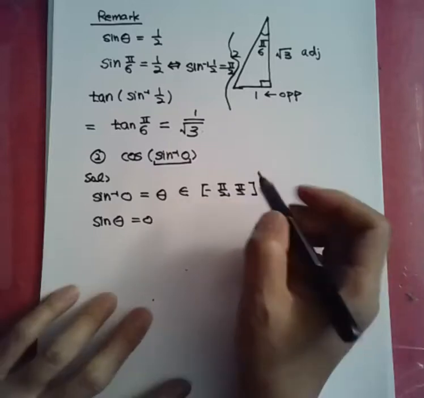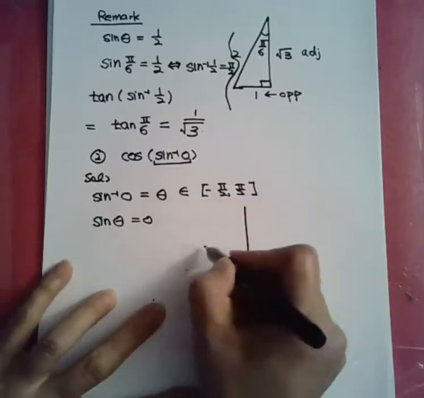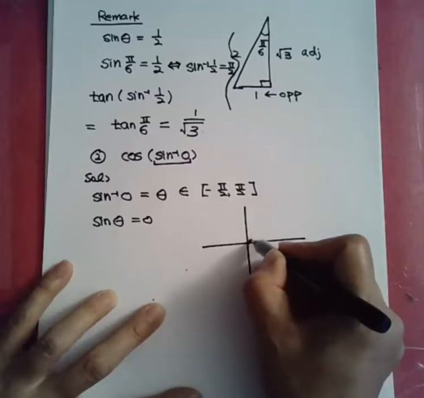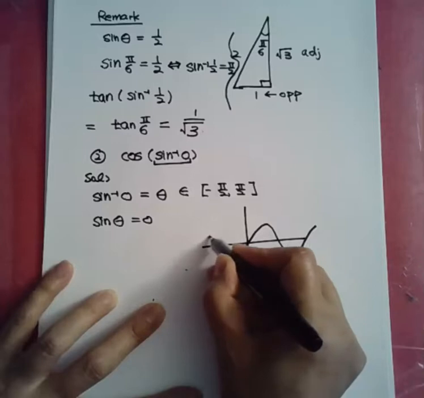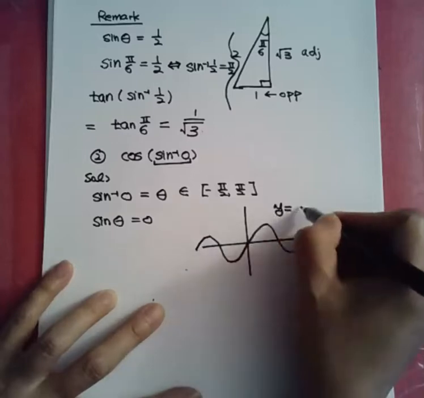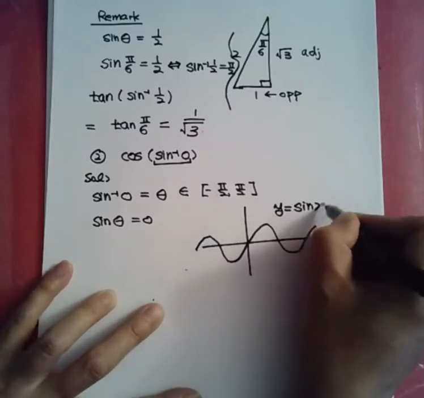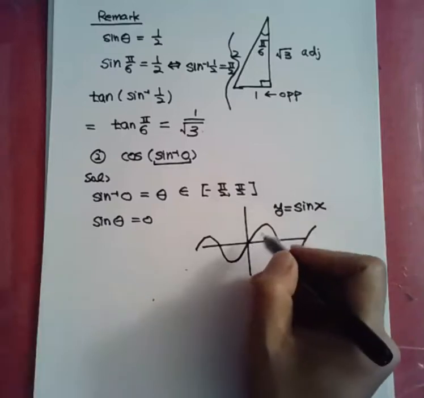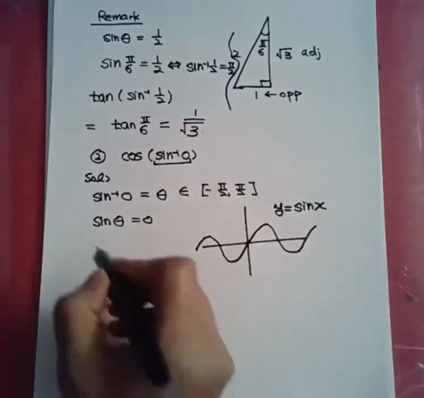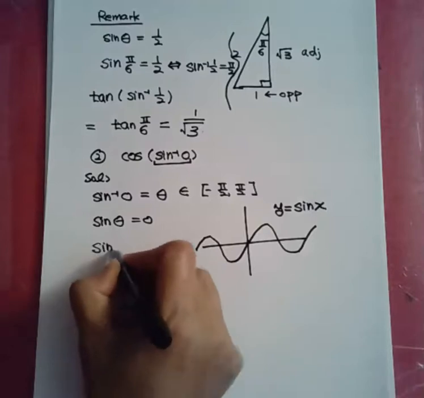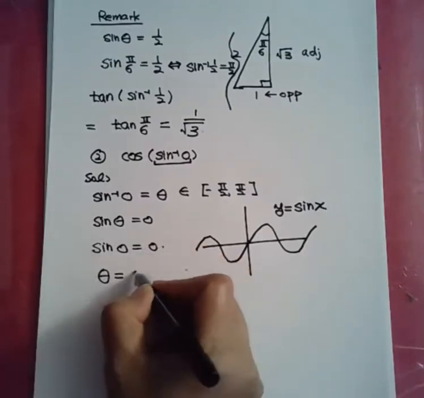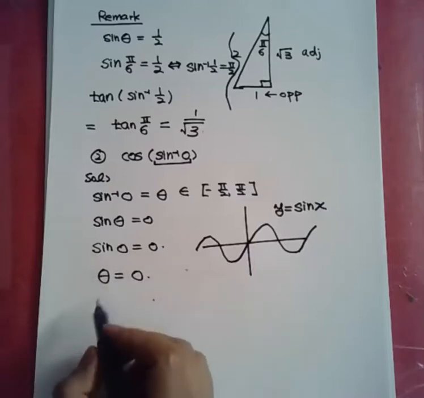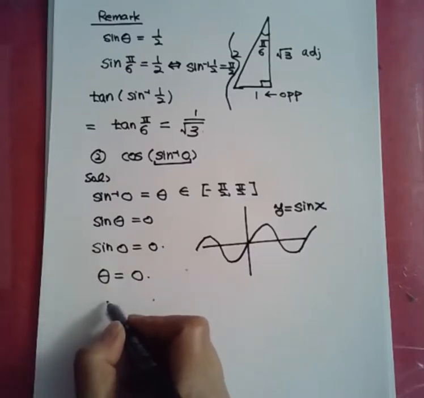With sine theta equals 0, a triangle cannot be involved, but we know that the graph of sine of x passes through the origin. So sine of 0 equals 0, so theta equals 0. We will just use this particular property.